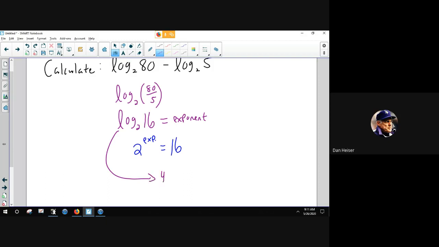And that exponent is 4. This whole quantity reduces down to the number 4. We started by writing this as a ratio, dividing, and then asking ourselves, what power of 2 is equal to 16? And that power is 4.